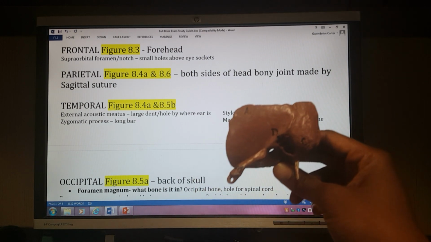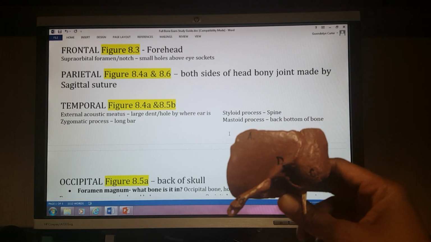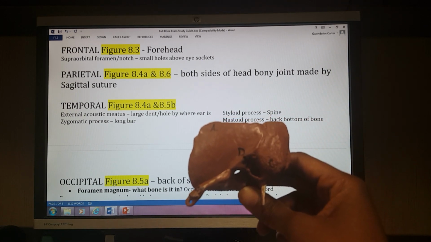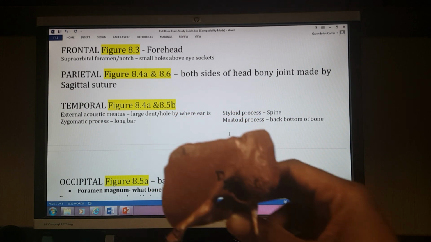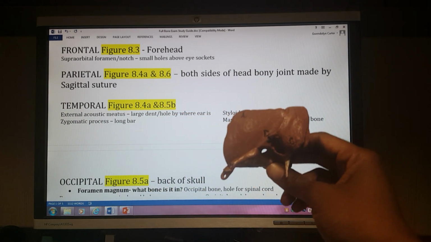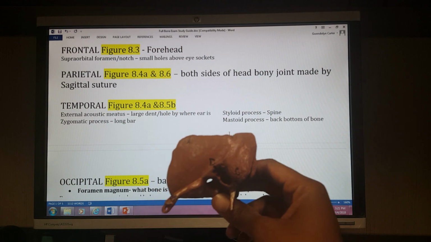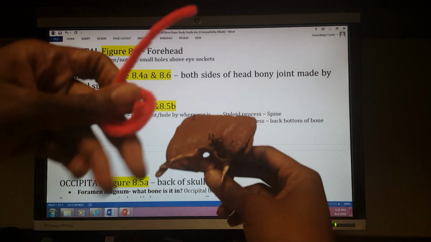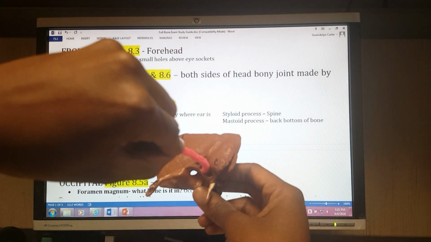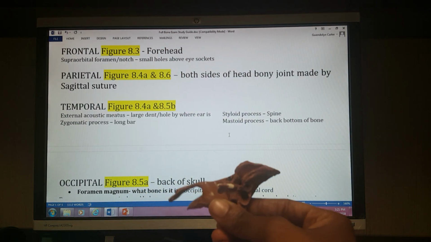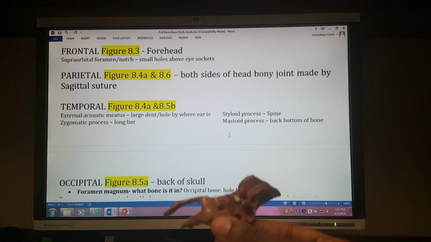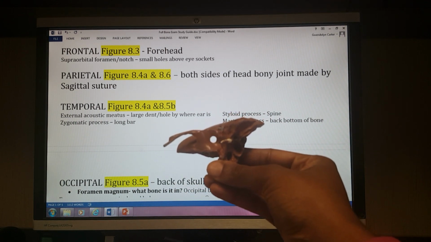Labeled as D on this one is the external acoustic meatus. It's a large hole or dent where the ear is. Your ear canal actually goes down into that little hole. So that's this feature right here. Some of the holes on the plastic pieces aren't actually supposed to be holes, like that one.